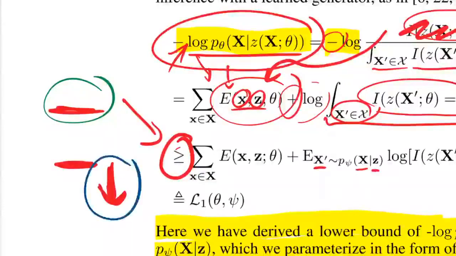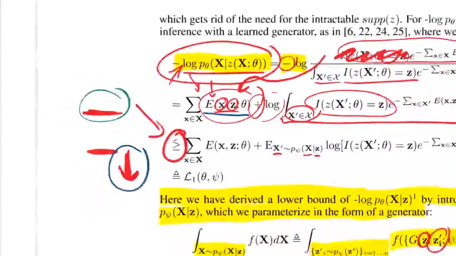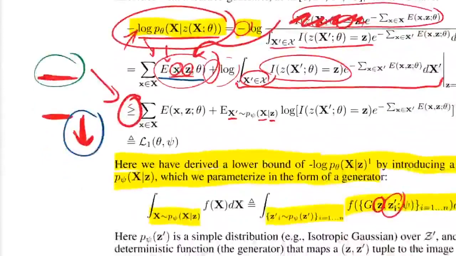So this loss right here, you see this energy function, we'll adjust that whenever we adjust our discriminator. Whenever we adjust our encoder, we are going to adjust the part that generates the z vectors right here.